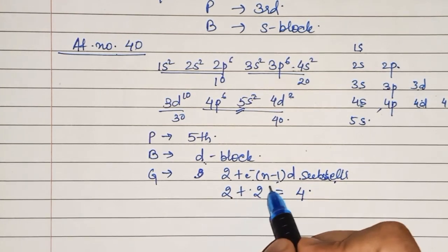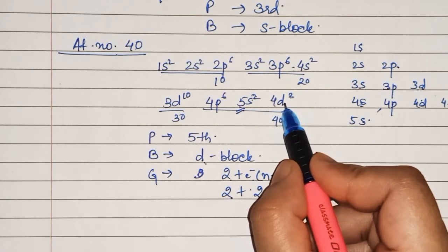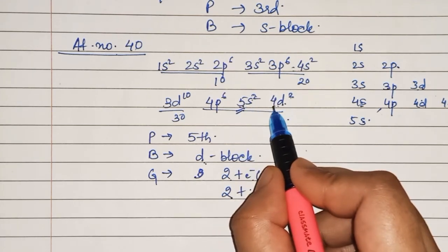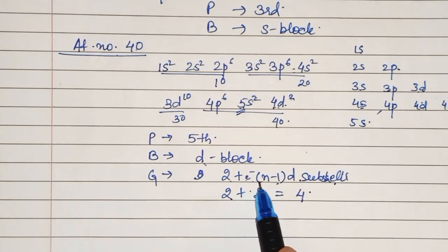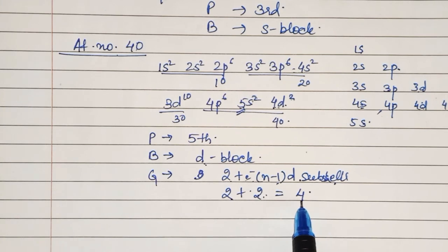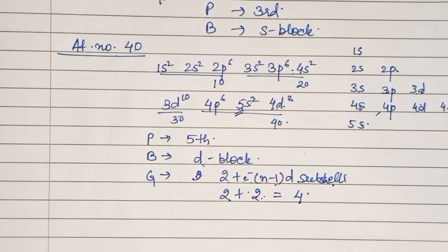So 2 is here only, and n minus 1 means 4, D2 is here. So you will write the number of electrons as 2 in the D subshell. So 2 plus 2 is equal to 4. So the group number is 4.